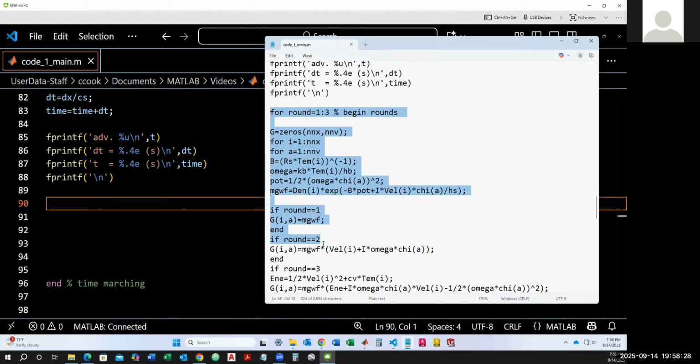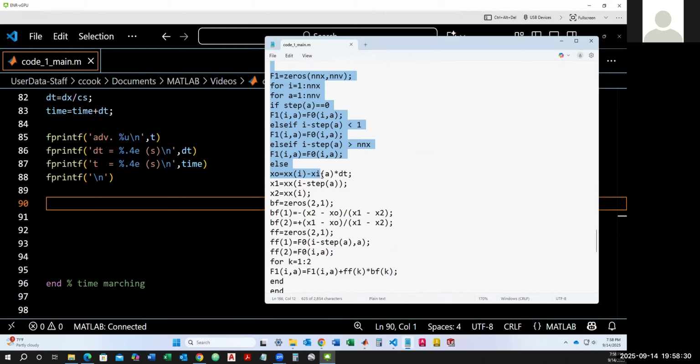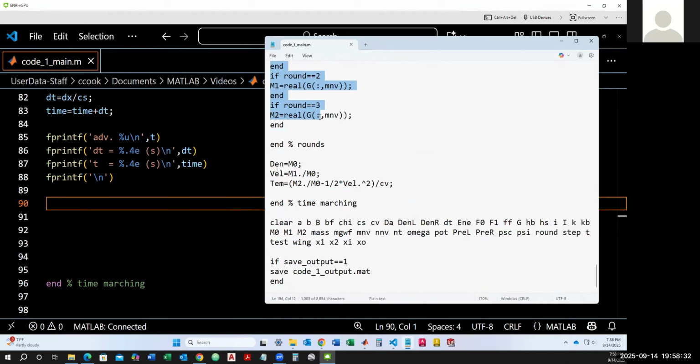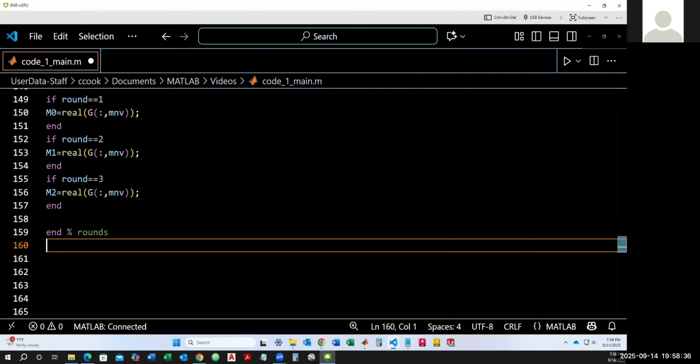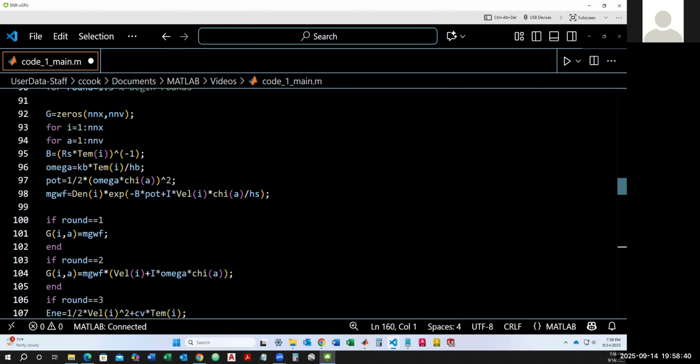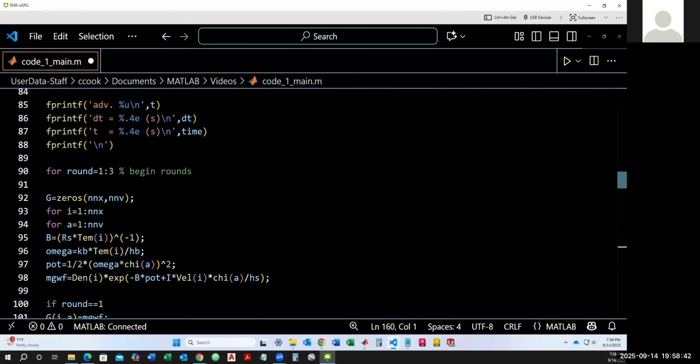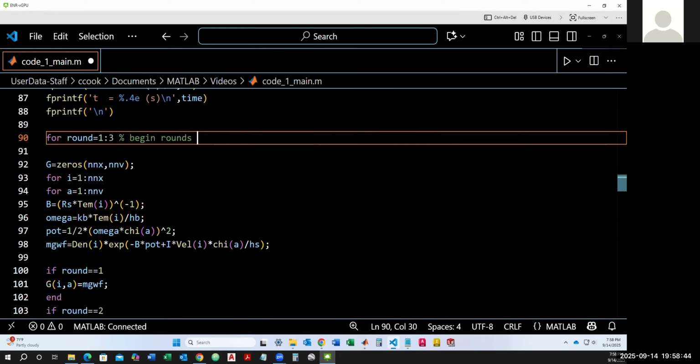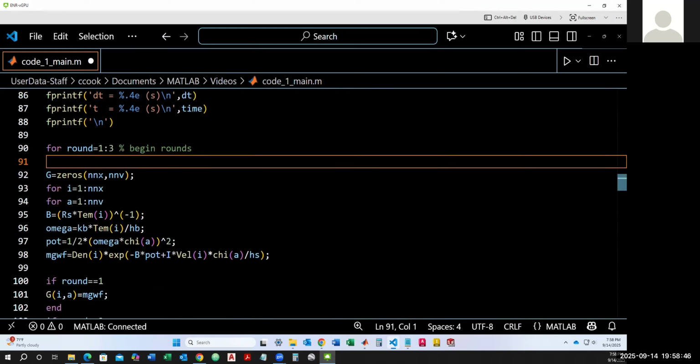I'm just gonna bring all this in and I'll talk about the code. So for round equals 1 to 3, we're going to begin our rounds. G is going to be zeros, and then X comma NNV.